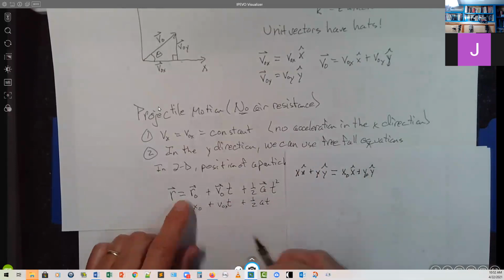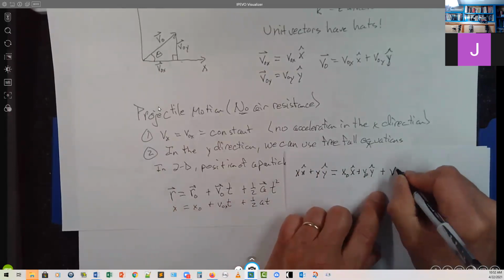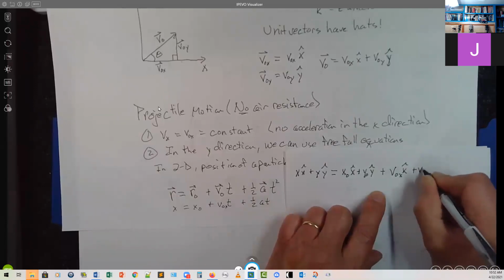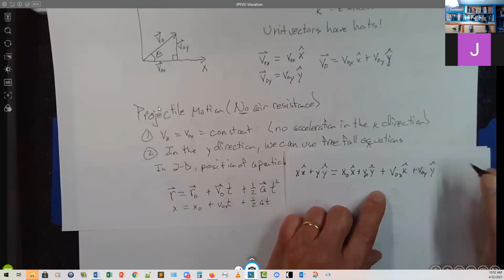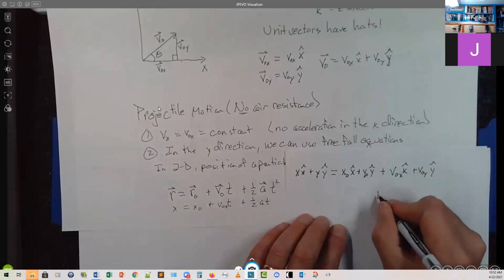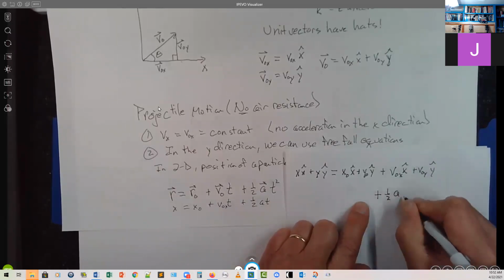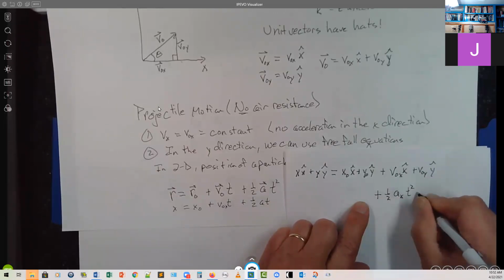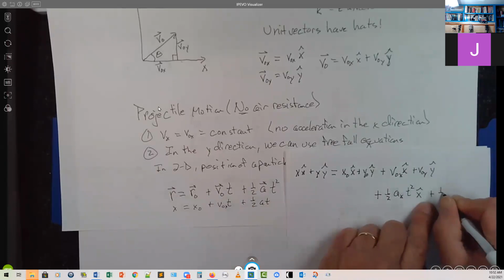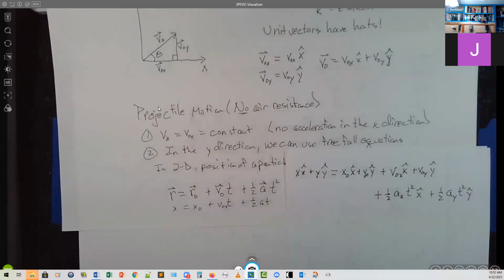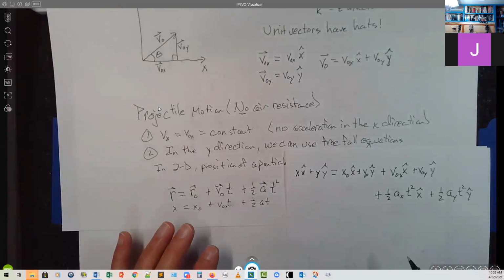Okay, that's this part, plus V naught X along X hat plus V naught Y along Y hat. Yikes, this is getting bad. Plus 1/2 times A sub X T squared along X hat plus 1/2 times A sub Y T squared along Y hat. Okay, that is a frightening looking equation, but we're going to simplify it by a ton.